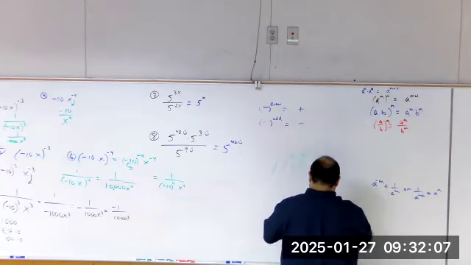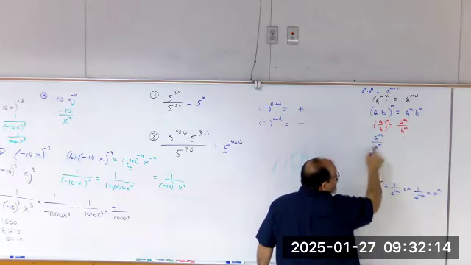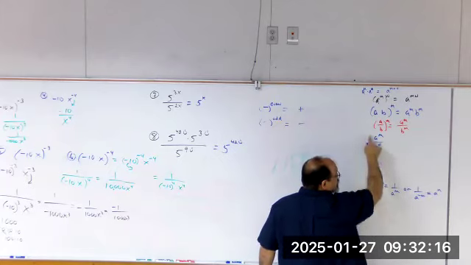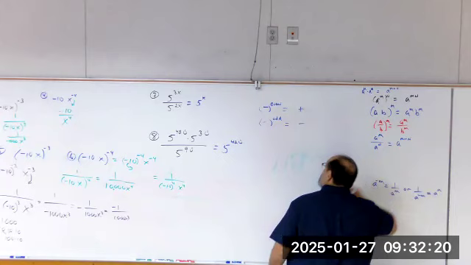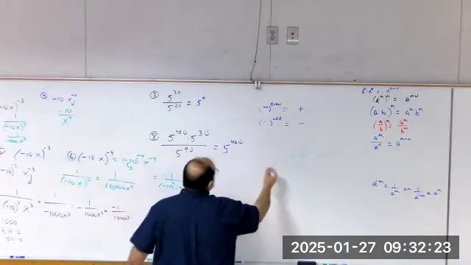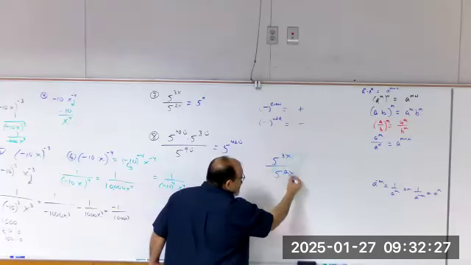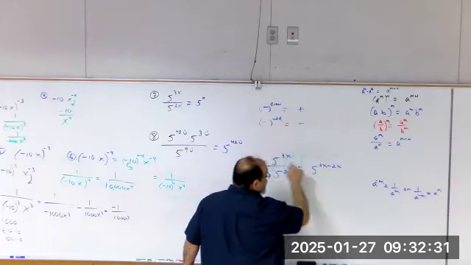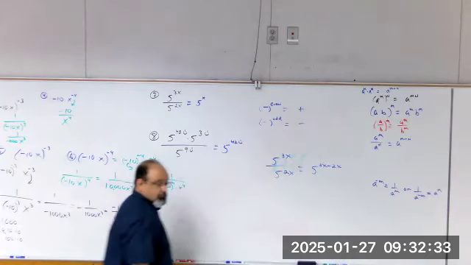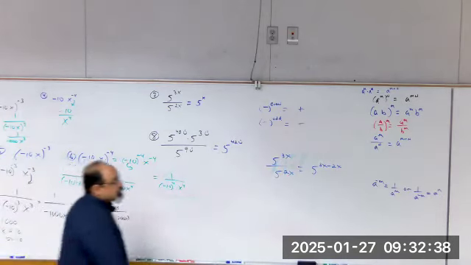Rule 5 says when we divide a to the m over a to the n, as long as the bases are the same, you subtract the exponents. So this 5 to the 3x over 5 to the 2x is just 5 to the 3x minus 2x. That minus that. And 3x take away 2x is 1x.